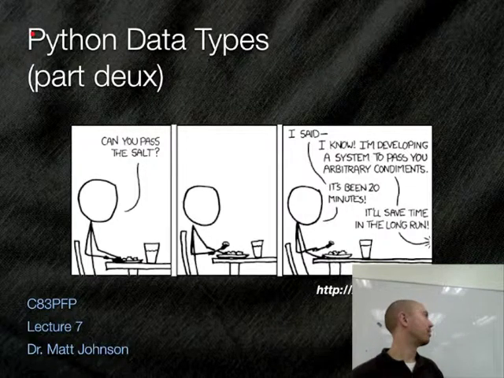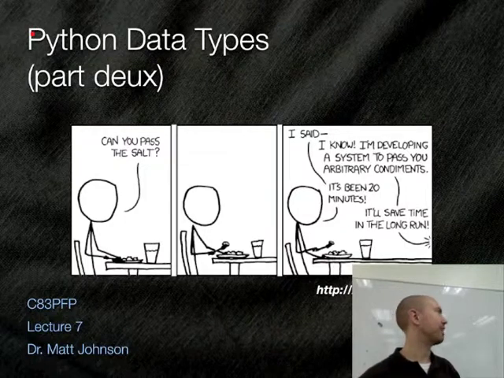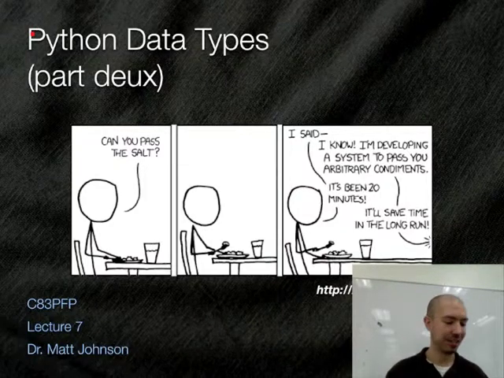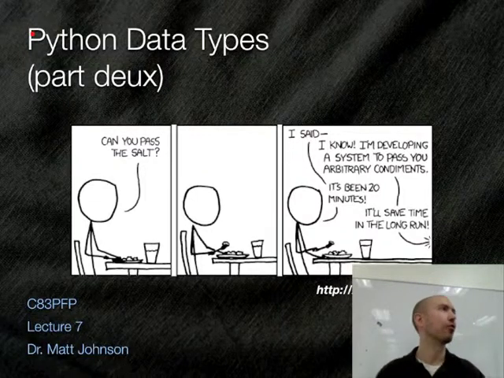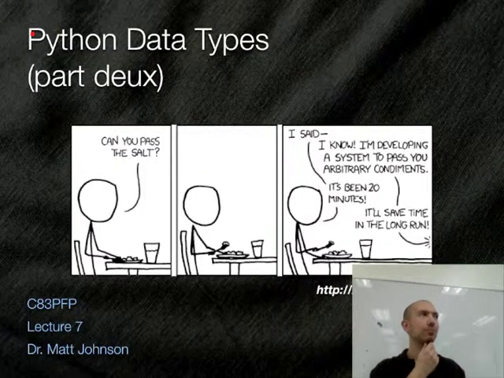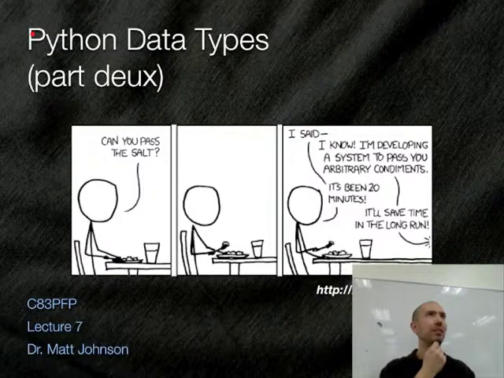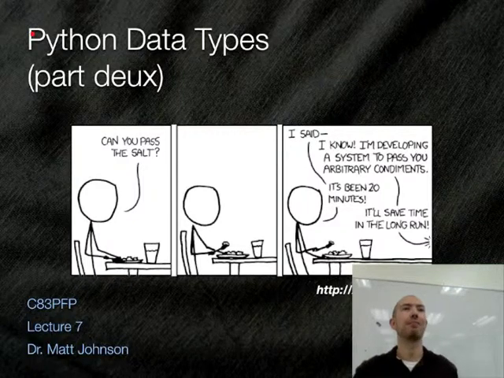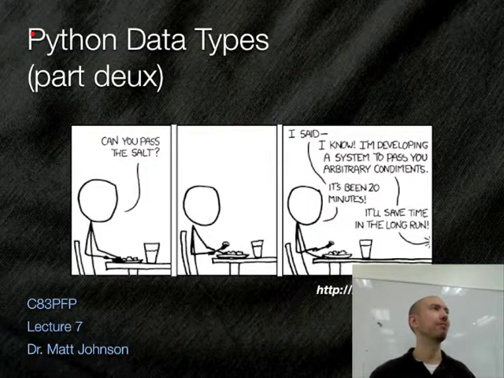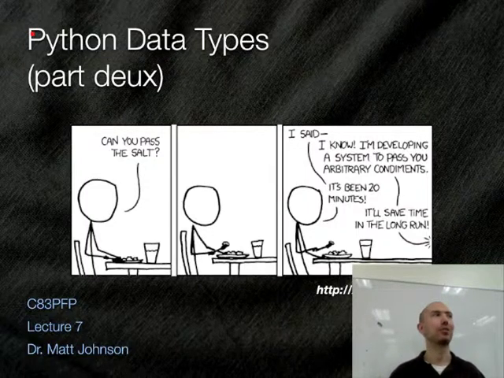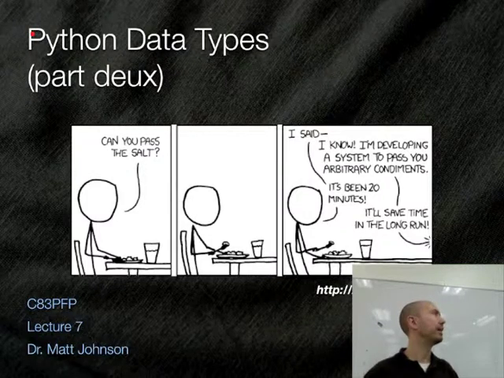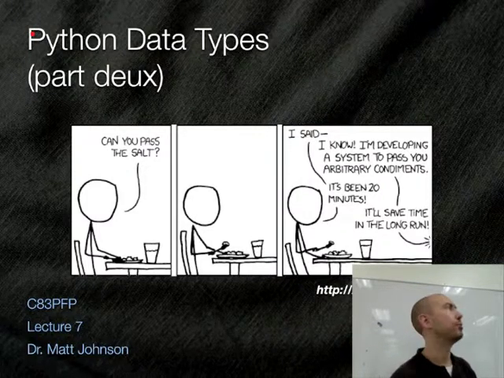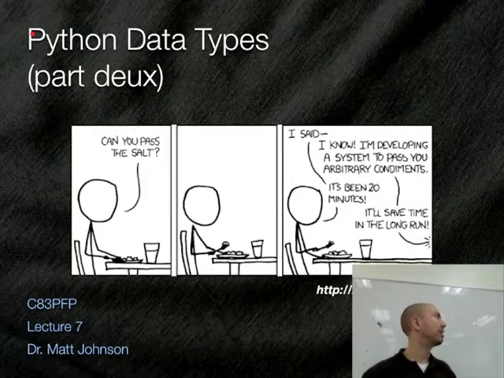The one thing I wanted to point out about this comic, although it's for humorous effect, is that this is the kind of choice you'll be faced with a lot of the time in your academic life and so forth: whether to do things the somewhat easy but time-intensive way, like copying and pasting information from 100 different text files into Excel and doing a bunch of stuff by hand, or putting in a little bit of mental effort and developing a system to do it, like a program in Python, to do it for you.